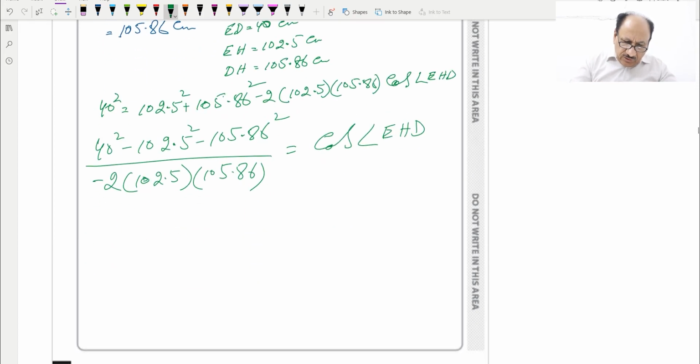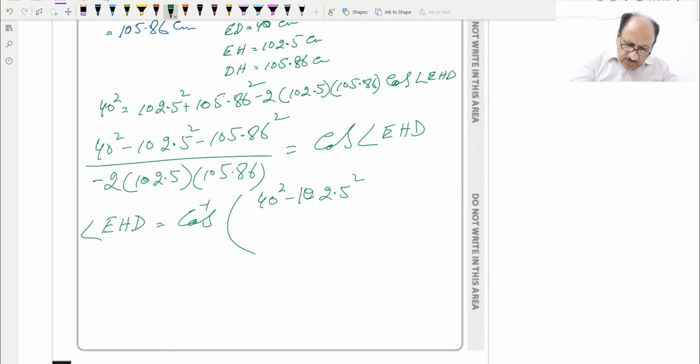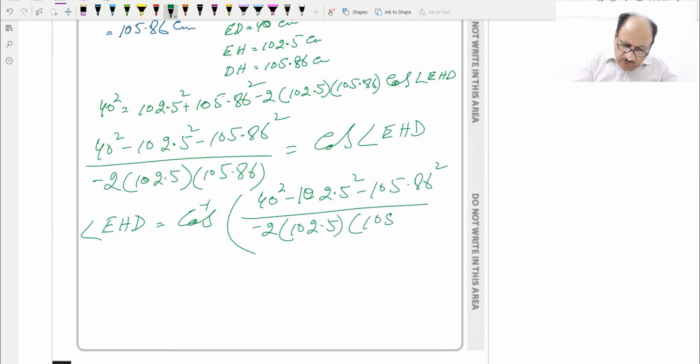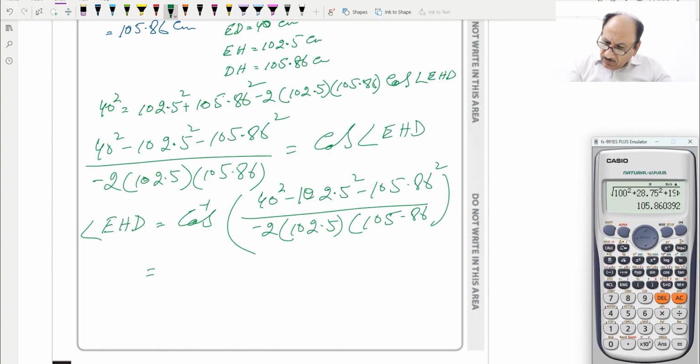And further we can write it as angle EHD will be equal to cos inverse of this whole thing, which I will copy: 40 square minus 102.5 square minus 105.86 square divided by minus 2 into 102.5 into 105.86 and bracket close, and this will give us the angle.